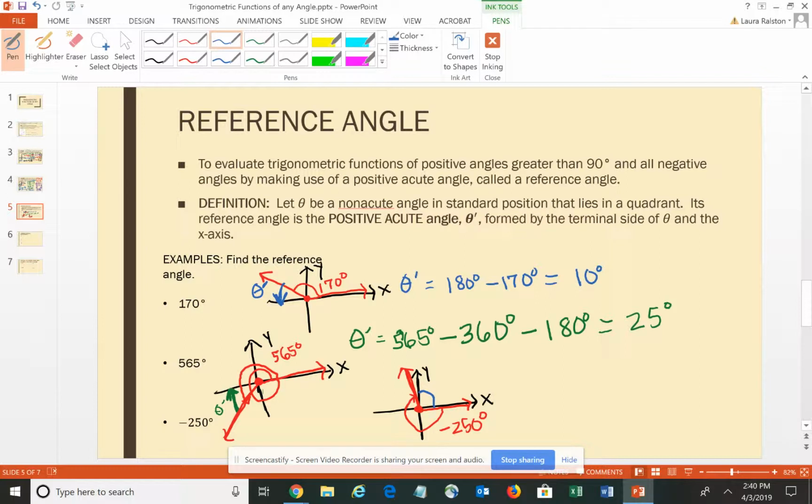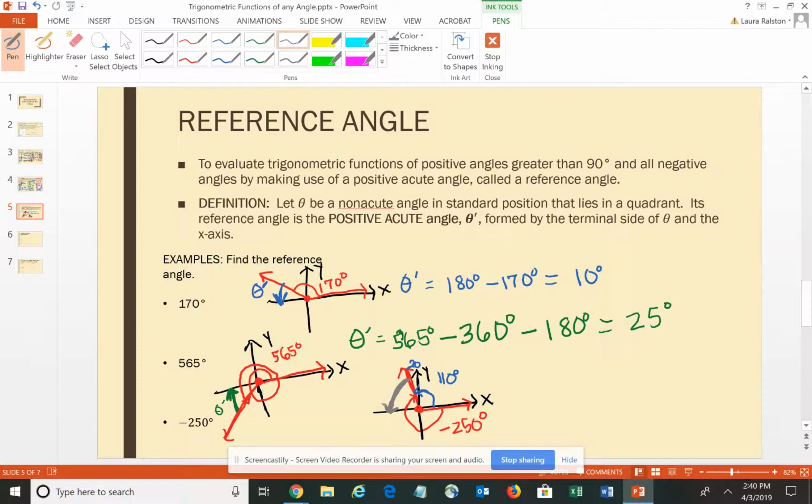I was 20 degrees shy, so I'd have 90 plus 20. So negative 250 degrees is the same as a positive 110 degrees. But again, remember, I'm looking for that reference angle, and the reference angle goes from the terminal side to the x-axis. So I'm actually needing this measurement here.